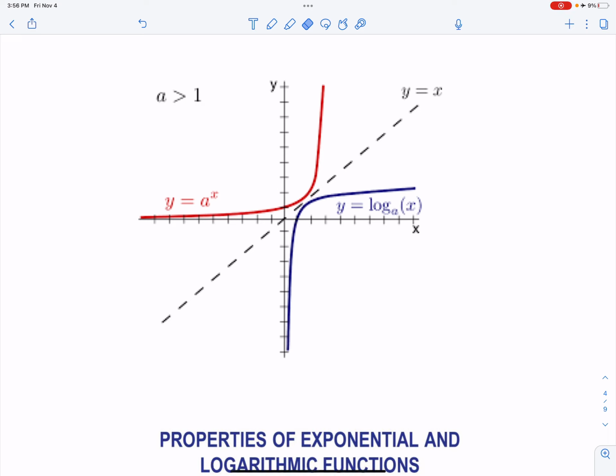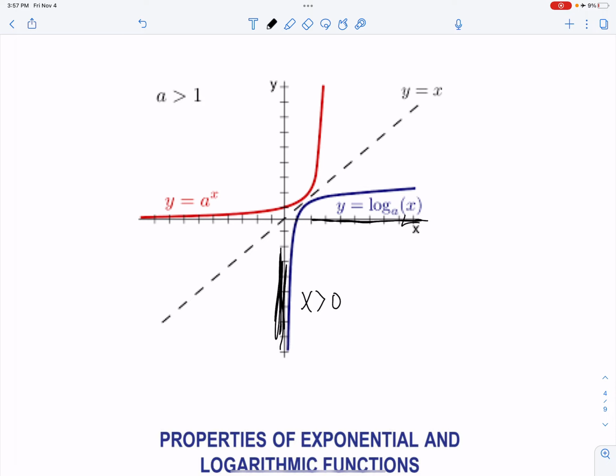Here we go. If we're looking at the log and we want to know all of the x values that our log function can span, we can see that it's hitting a vertical asymptote right here. Our x values have to be greater than 0.